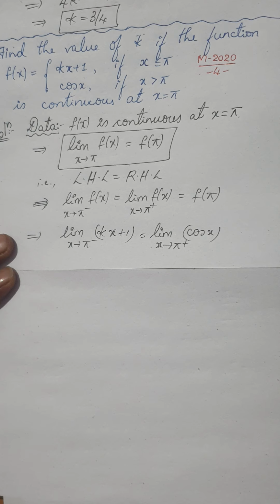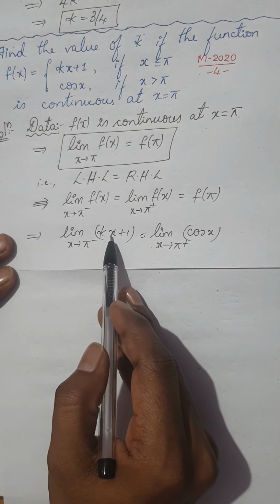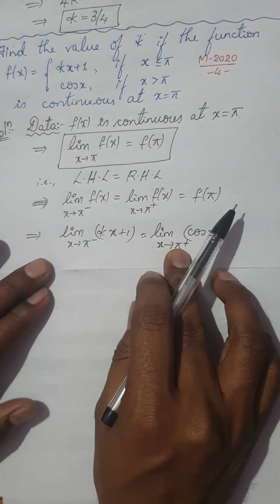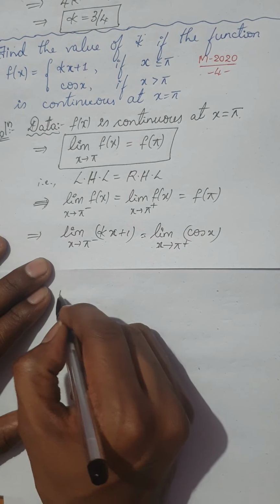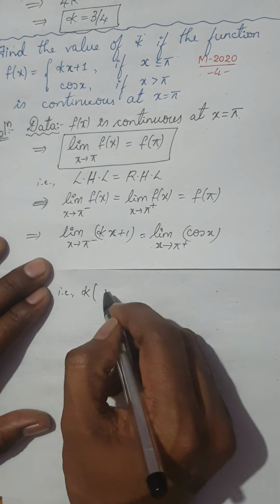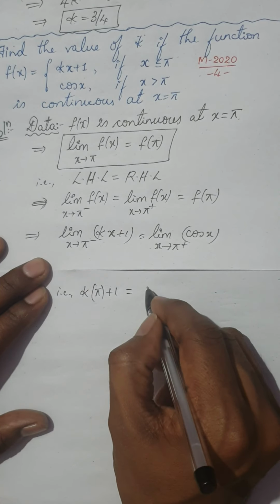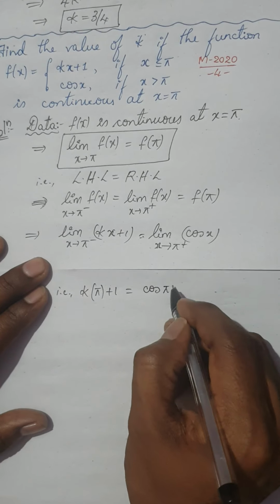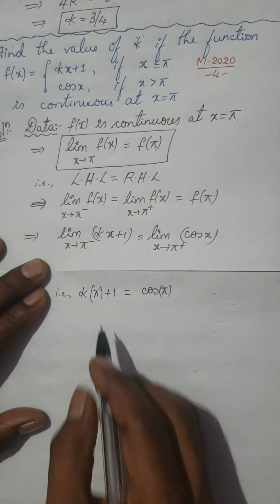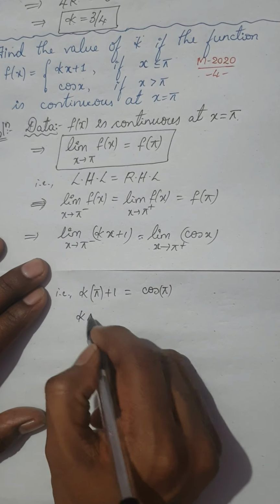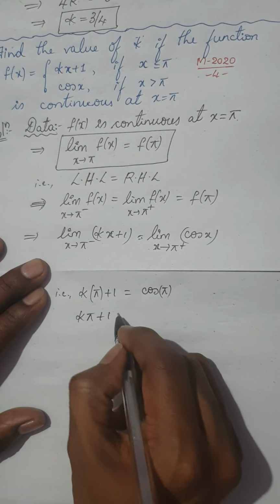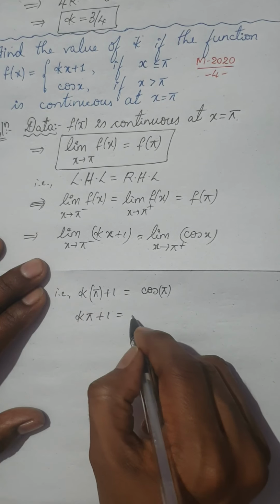Now substitute x using pi. So I will have k into pi plus 1 equal to cos of pi. Now what is cos pi?